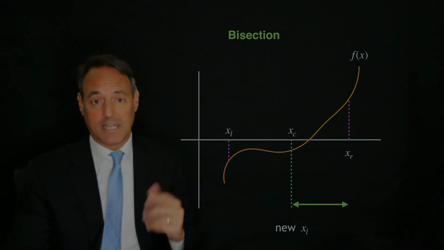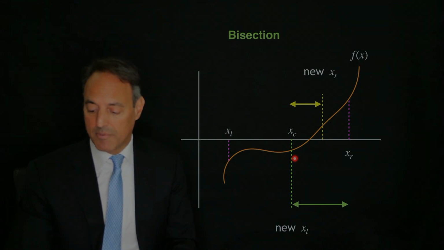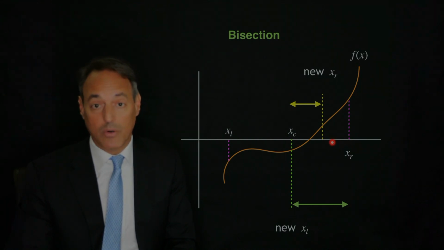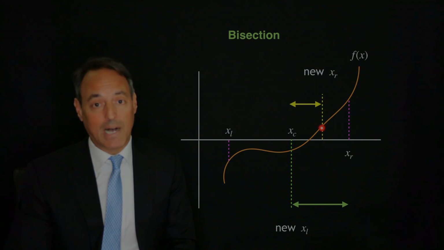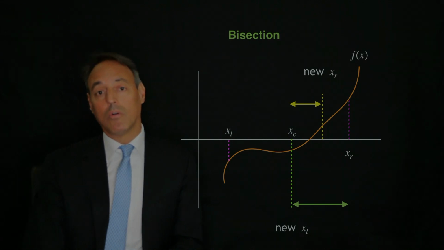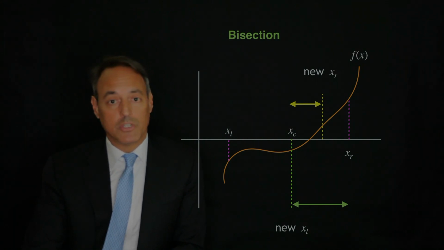And then I just do bisection again. Cut that in half. If I cut this in half between where the green and the magenta line is, I know it's in here. So now I go right to the midpoint. Here's the new midpoint. And look, I'm positive. So if this is positive here, negative here, I know it's in between here. So now I've shrunk down the interval to where I know the solution is to be in this region here.